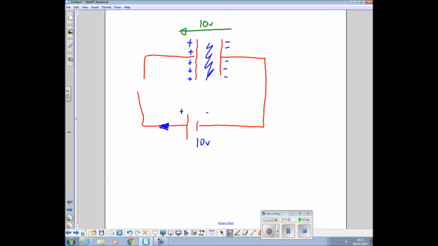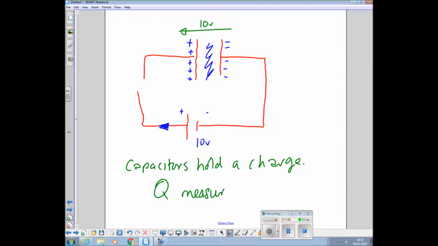Okay, so they hold a charge Q measured in coulombs, C. Here comes a problem.